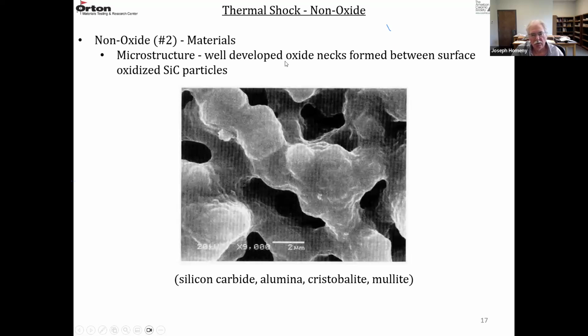So you have these well-developed oxide necks connecting these silicon carbide particles. So this is primarily silicon carbide and alumina, but some of the silicon carbide that oxidized to SiO2 is in the cristobalite form of silica, and some of the silica reacts with alumina to form mullite.